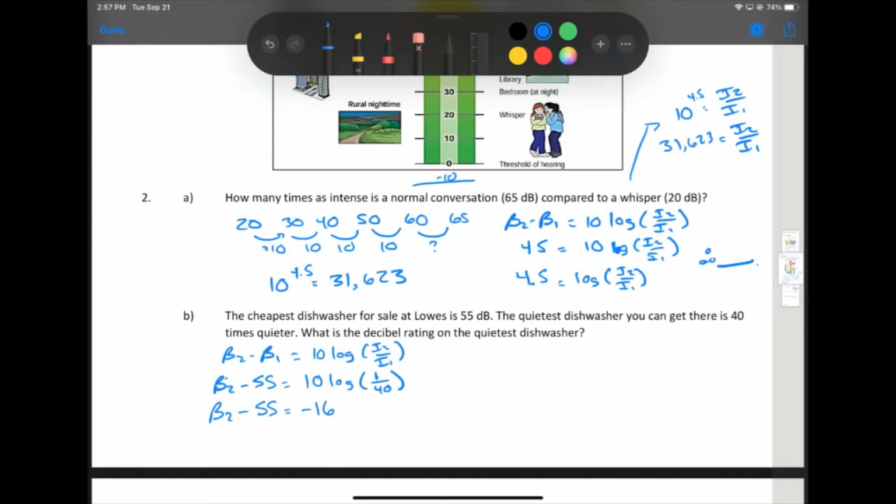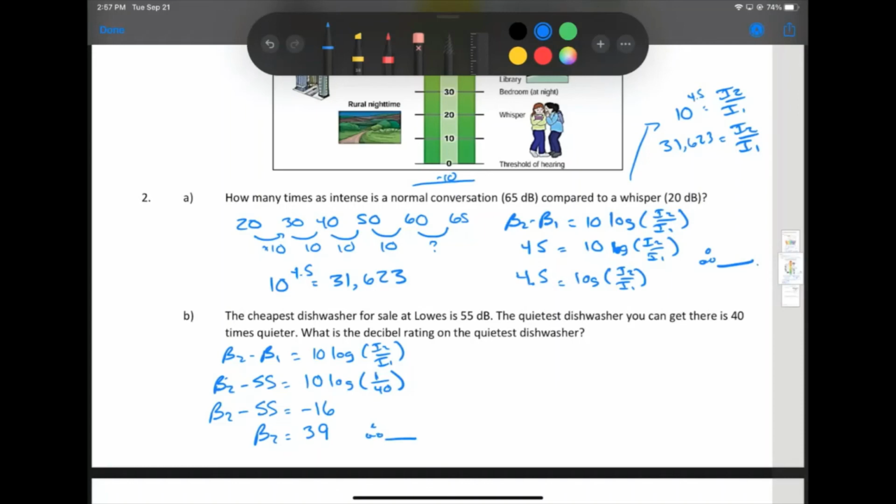And then we'll add 55 to both sides. B2 equals almost exactly 39, even with our little bit extra there. So that means that the quieter dishwasher is actually going to be 39 decibels. Therefore, the quieter dishwasher will be 39 decibels.